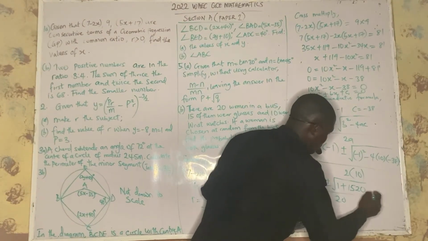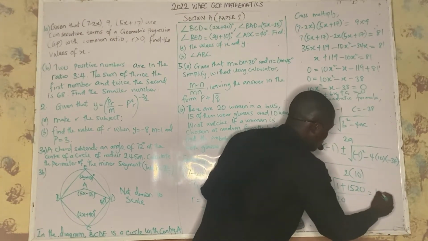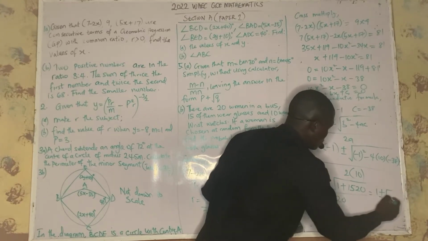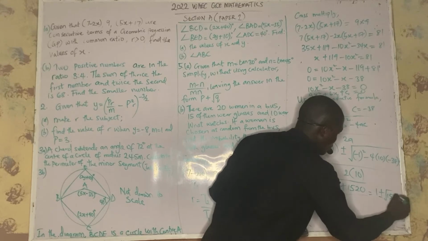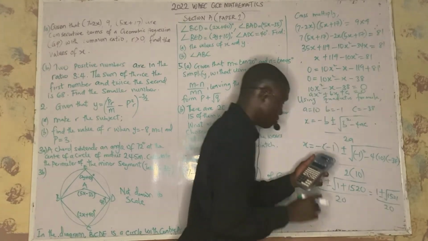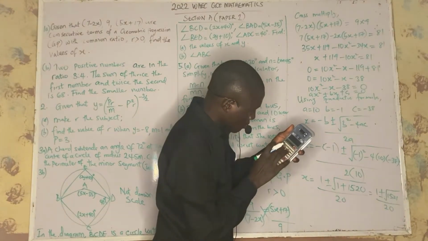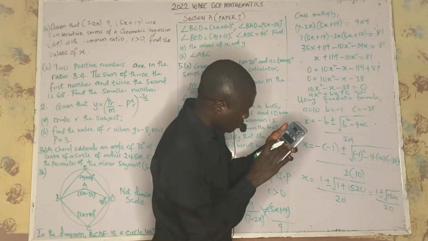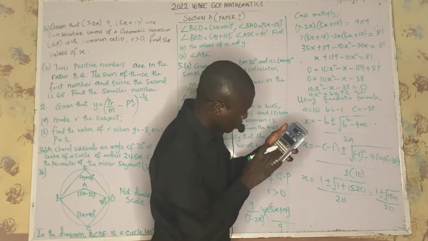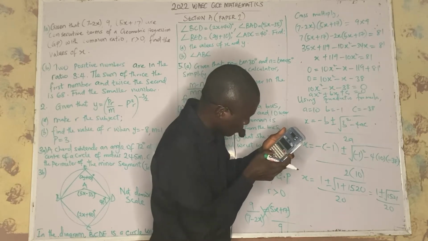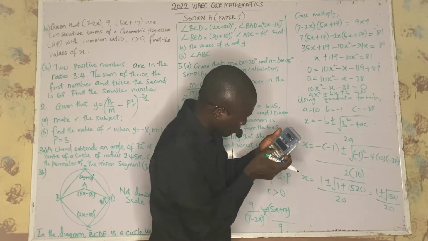So what I'm going to have is 1 plus or minus root 1,521 all over 20. Let's see whether we can find the square root of this. Trying to look for the square root here.